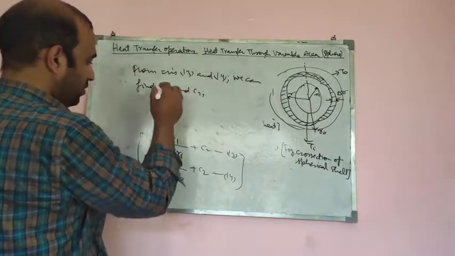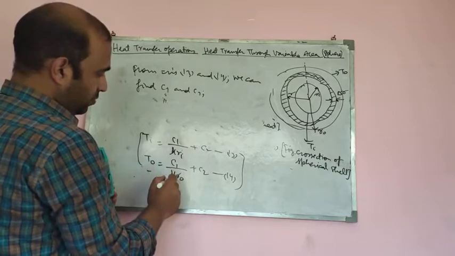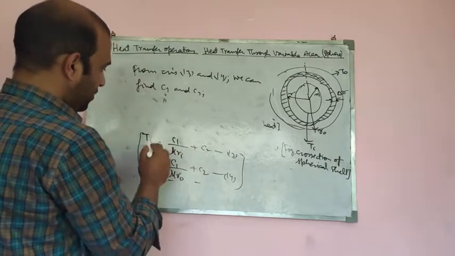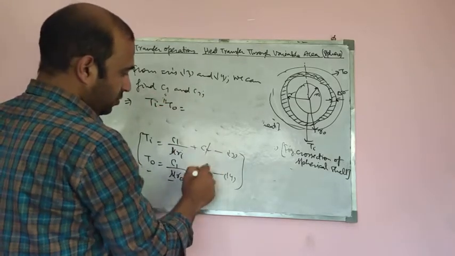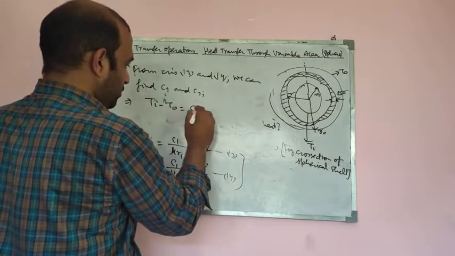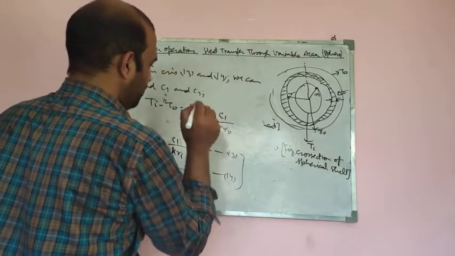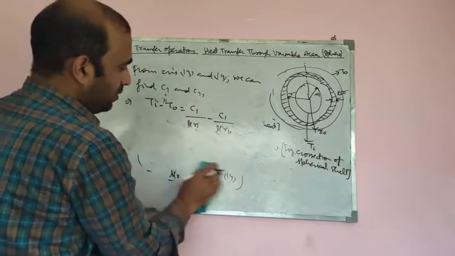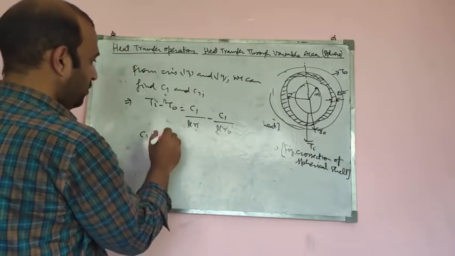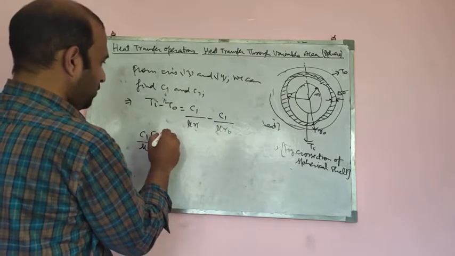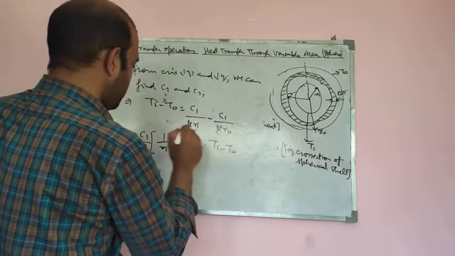If I try to solve these equations, what I can do is just subtract those two equations. So I can write Ti minus T naught is equal to, the C2 and C2 will cancel out, C1 by k ri minus C1 by k r naught. So I can write C1 by k, 1 by ri minus 1 by r naught, equal to Ti minus T naught.